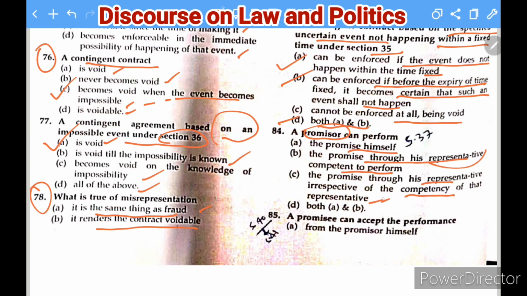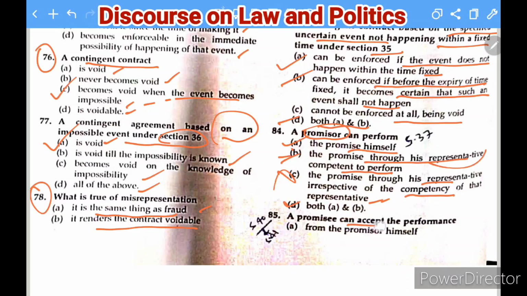So D is correct, because both A and B apply. So this is not the right answer otherwise. A promisor can perform his function by himself or through a representative as well. So moving to the next question.